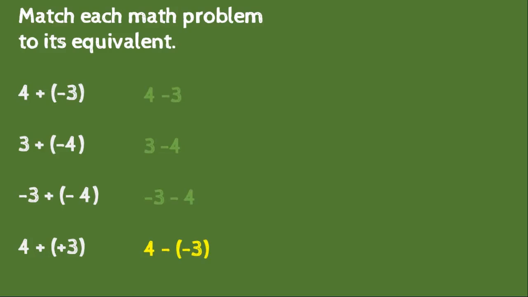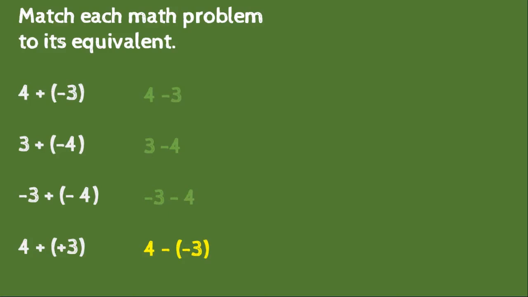For the next example, 3 plus parentheses -4, we can do the same thing, eliminate the plus and the parentheses, which leaves 3 minus 4. For the next example, -3 plus parentheses -4, we can also eliminate the plus and the parentheses, which leaves -3 minus 4.